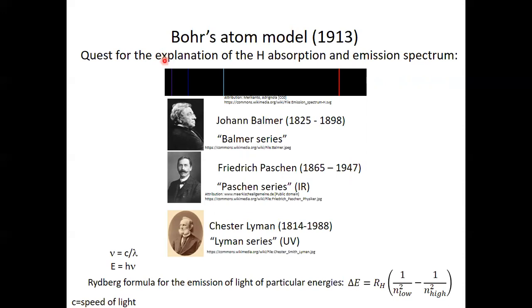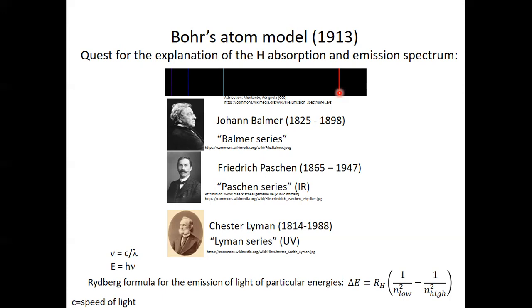Okay, so here, for instance, you see the emission spectrum of the hydrogen, and you see that in the visible there are actually 4 discrete lines, yeah? Associated with 4 discrete frequencies or wavelengths the hydrogen atom can absorb, and after absorption it can also re-emit again.